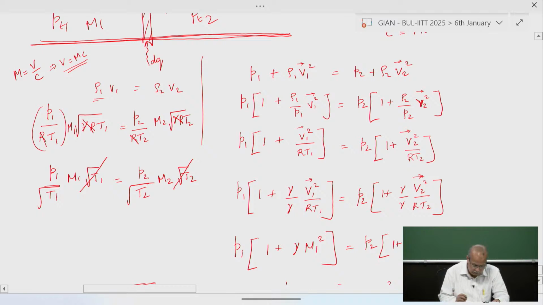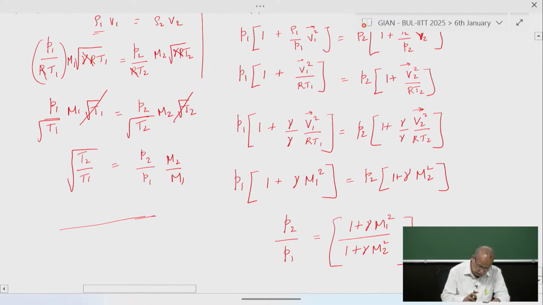So we can cancel off like that. Now we can write T2 by T1 square root is equal to P2 by P1 into M2 by M1, or in other words, T2 by T1 is equal to P2 by P1 into M2 by M1, the whole square.